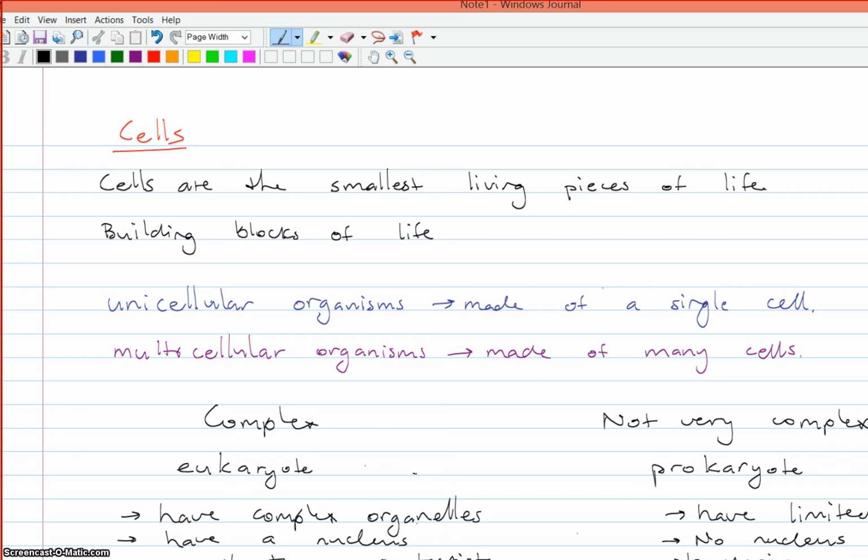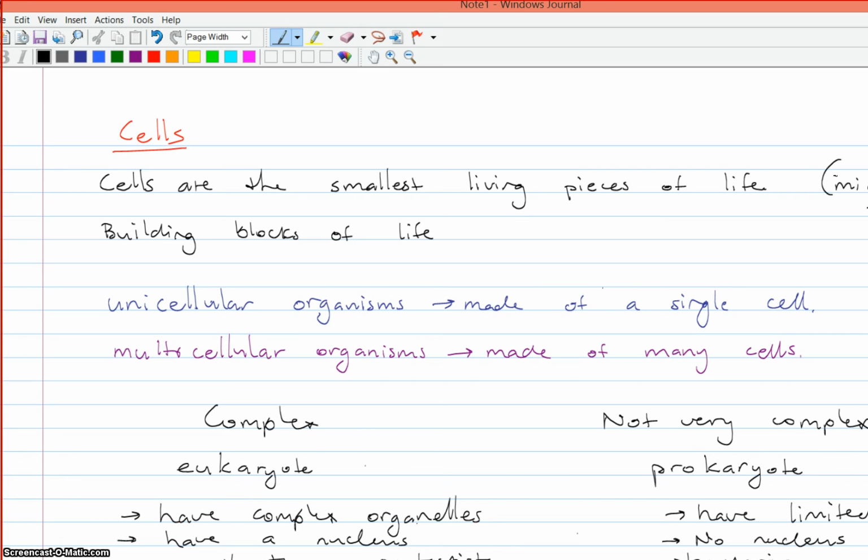Okay, so cells are the smallest living pieces of life. They're the building blocks of life, and their size is, we're not talking about meters or millimeters, we're talking about micrometers, which is one millionth of a meter, which is pretty small. We can have unicellular organisms, which are made up of a single cell. We can have multicellular organisms, which are made of many cells.